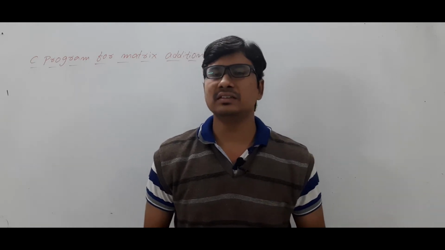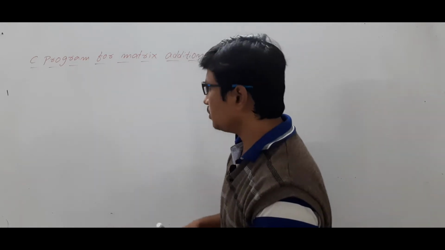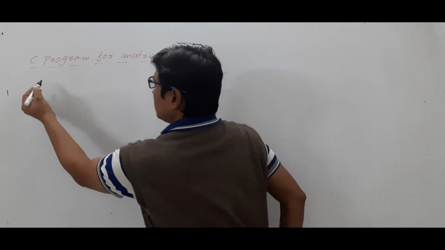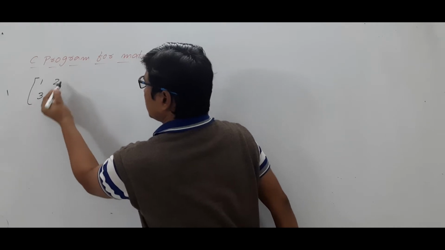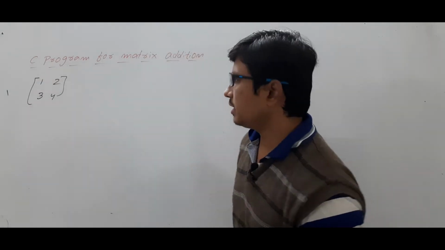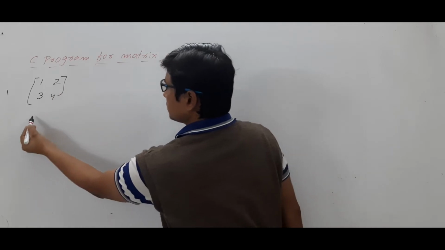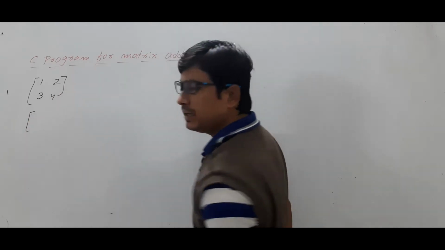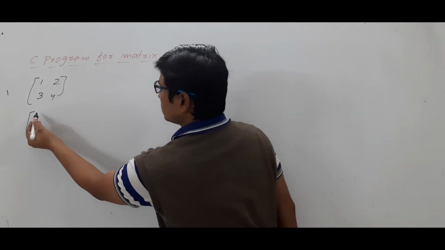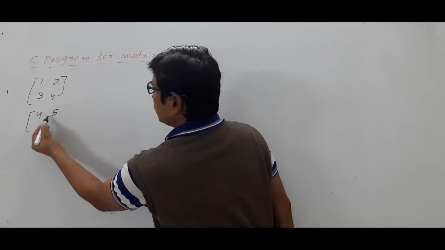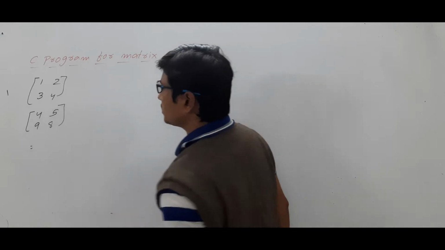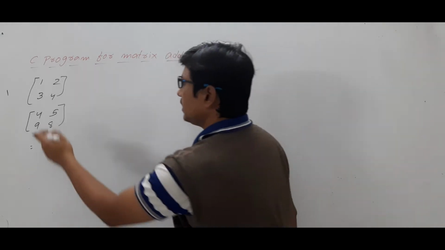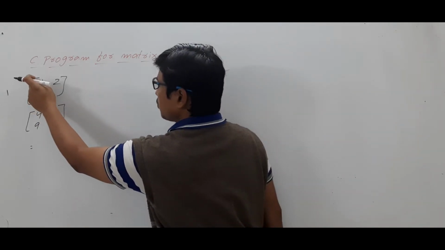Now what is matrix addition? Let's take one matrix consisting of two rows and two columns. You have another matrix, B, which also consists of two rows and two columns. If I perform the addition between these two matrices, I should do 1 plus 4.